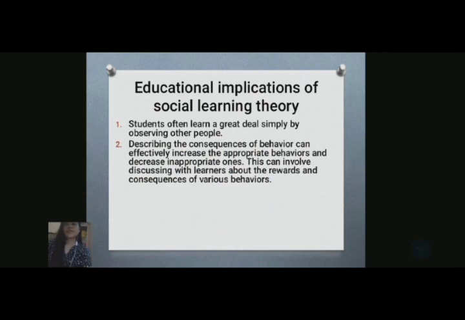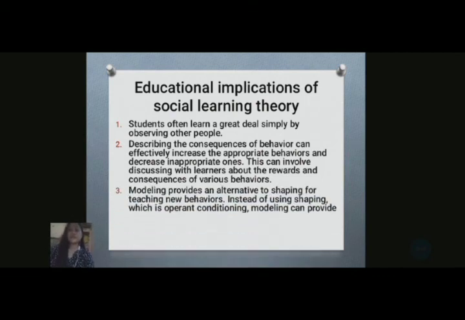Next, describing the consequences of behavior can effectively increase the appropriate behaviors and decrease inappropriate ones. This can involve discussing with learners about the rewards and consequences of various behaviors. Number 3, we have modeling provides an alternative to shaping for teaching new behaviors.